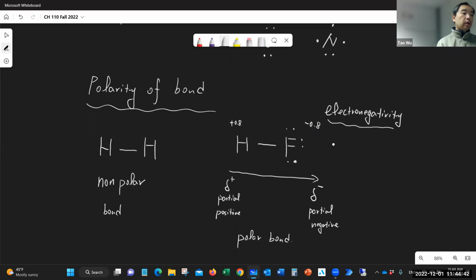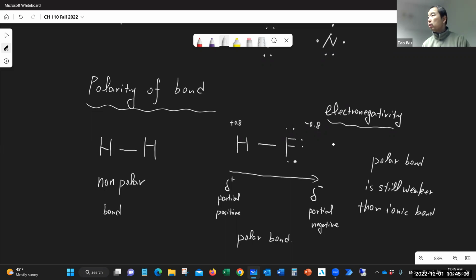But just to let you know, even the polar bond is still weaker than the ionic bond. It's because ionic bond is completely gaining or losing electrons, but this one is still partially gaining or losing electrons.